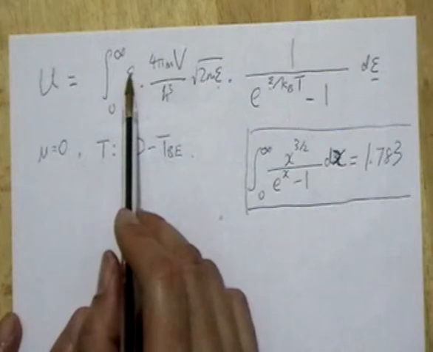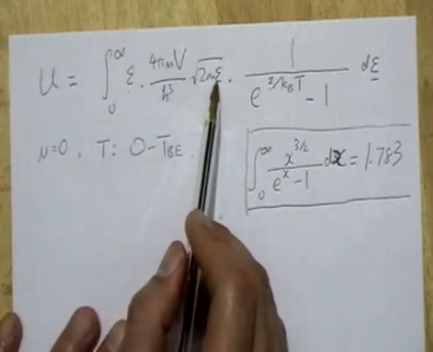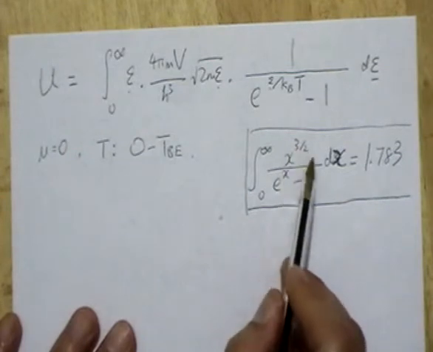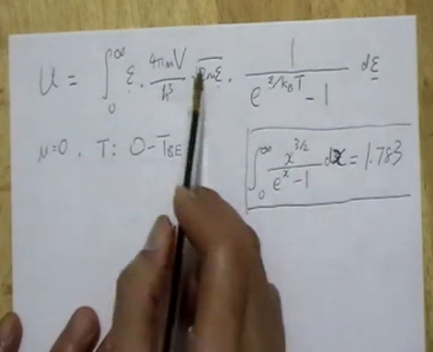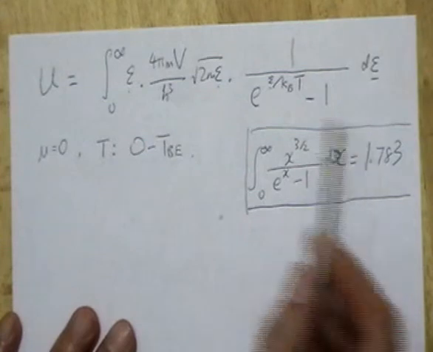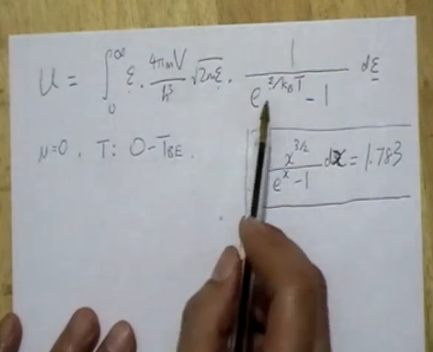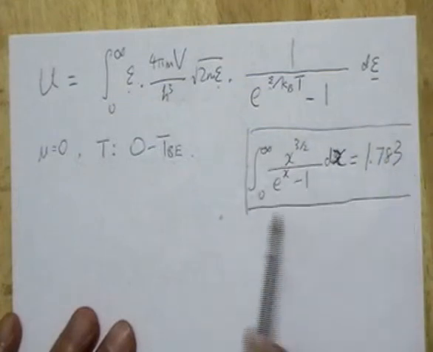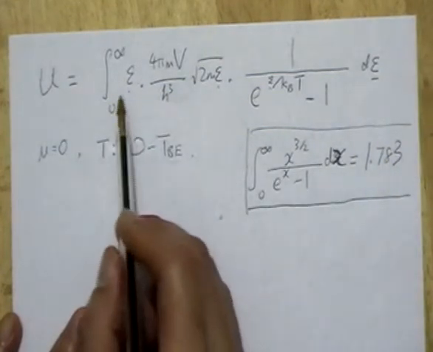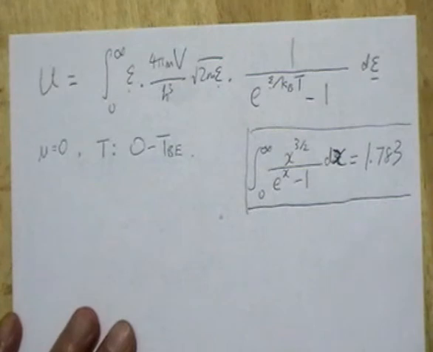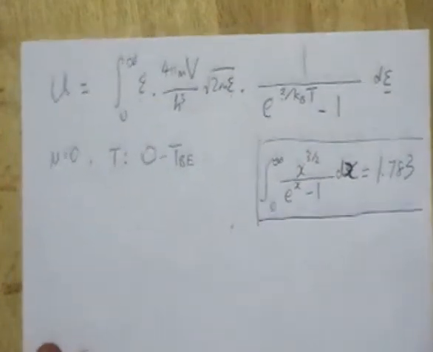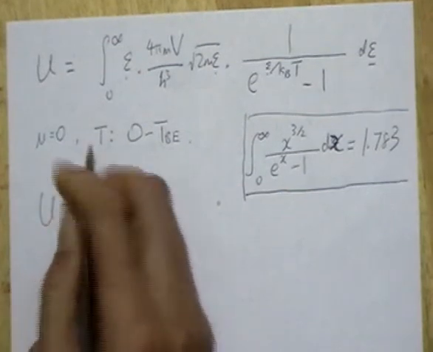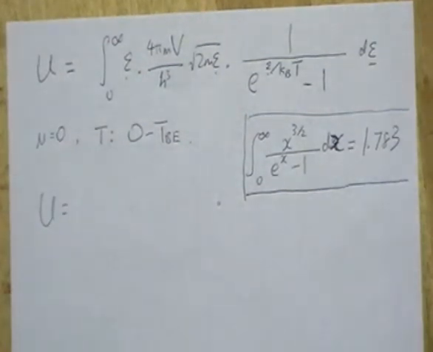So that's E to the power of 3/2. And here in the formula we have x to the power of 3/2. So this connection means that by making the right change in variables, we can make use of this formula and carry out this integration. So I'm just going to write out the answer directly.